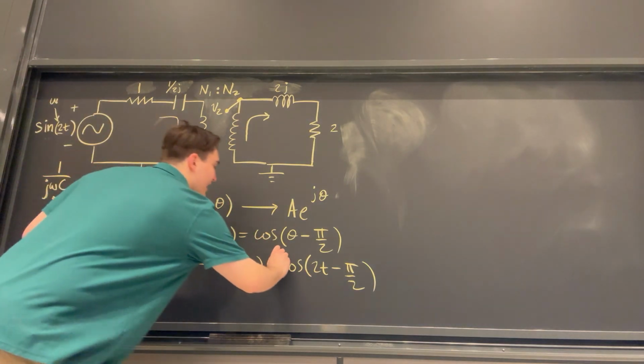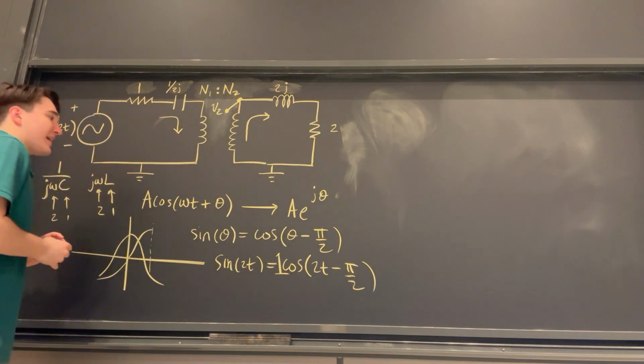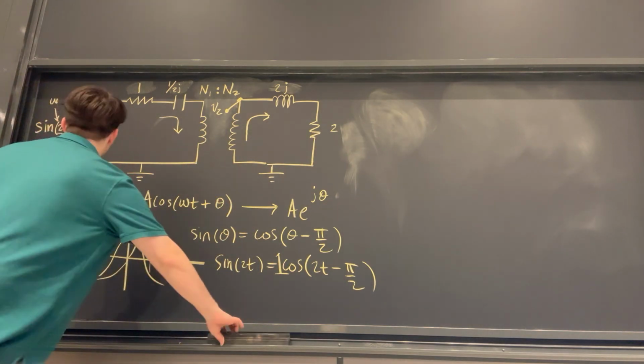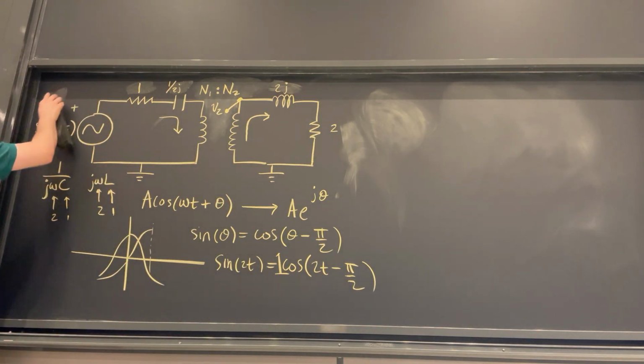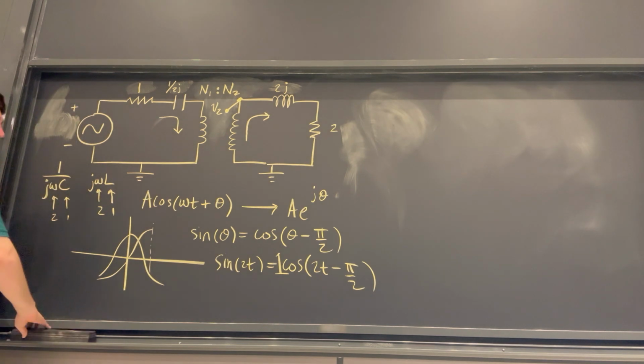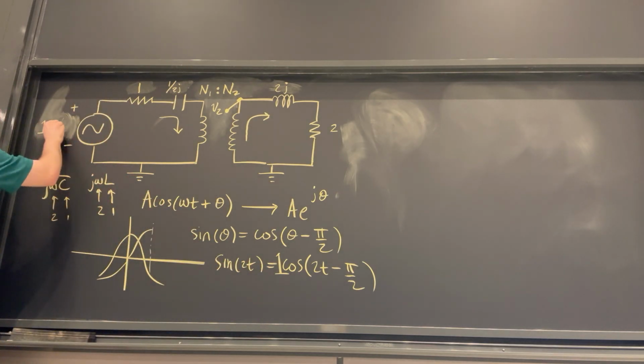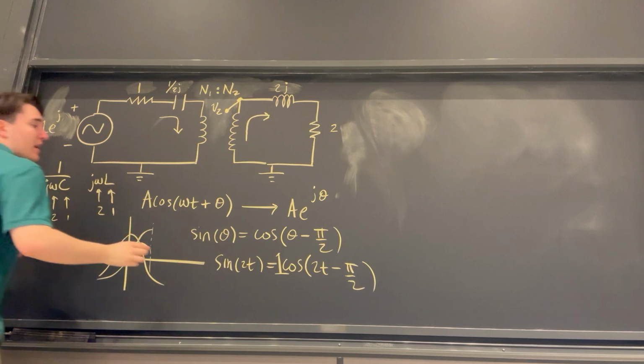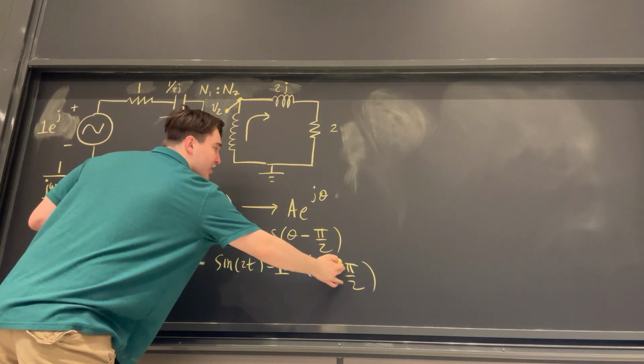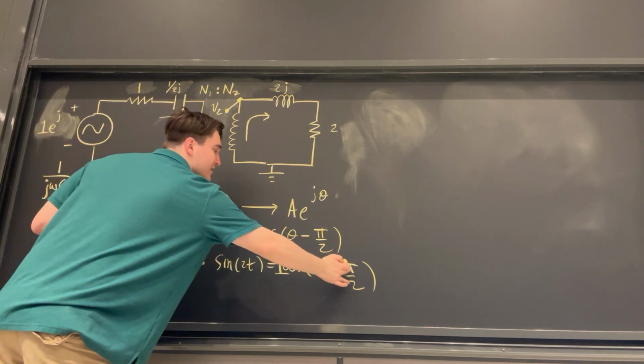So if this has an amplitude of 1, then I can say in the phasor domain, this forcing function right here will equal the magnitude of 1 times e to the j theta. What was this offset here?